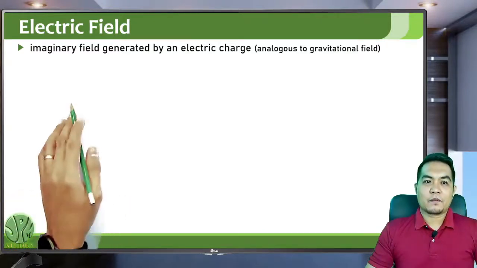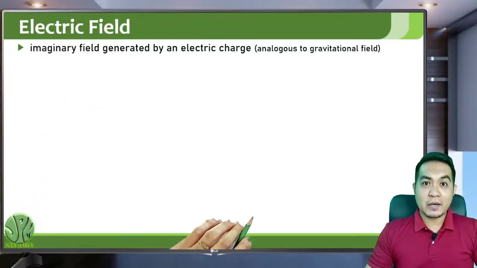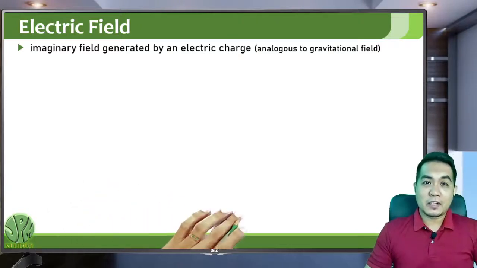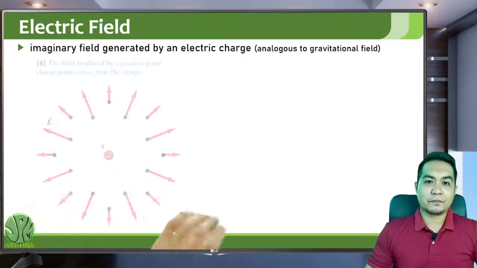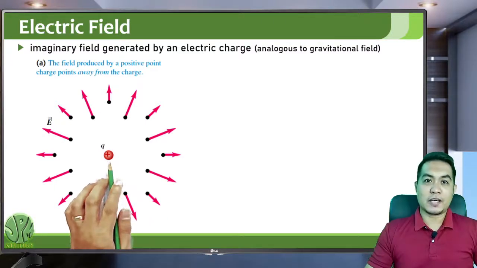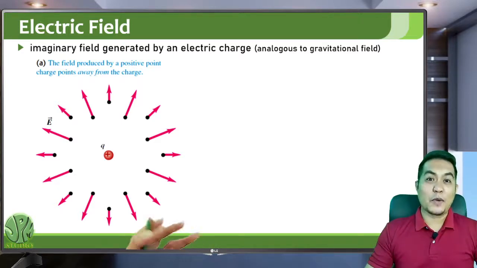The electric field is basically just the imaginary field generated by an electric charge, and it is analogous to the gravitational field, where the gravitational field is just an imaginary field generated by a mass m. If you have a point charge, by the way, a point charge is just a charge which has no physical properties. It's just a point. It has no width, no length, it basically has no size.